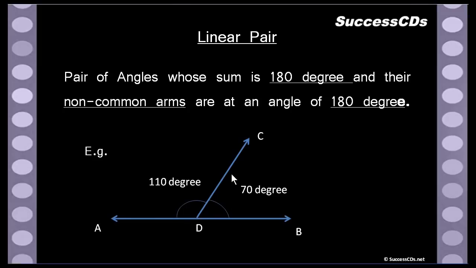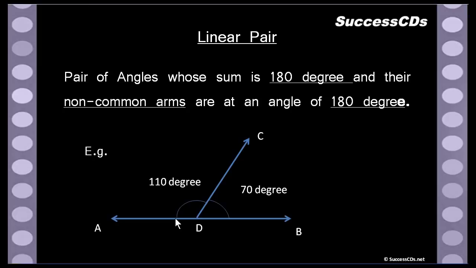The common arm of both the angles is DC. The non-common arms are AD and DB. I wrote that non-common arms are at an angle of 180 degrees. Now here if you see, AD and DB are forming a straight line, which is an angle of 180 degrees.